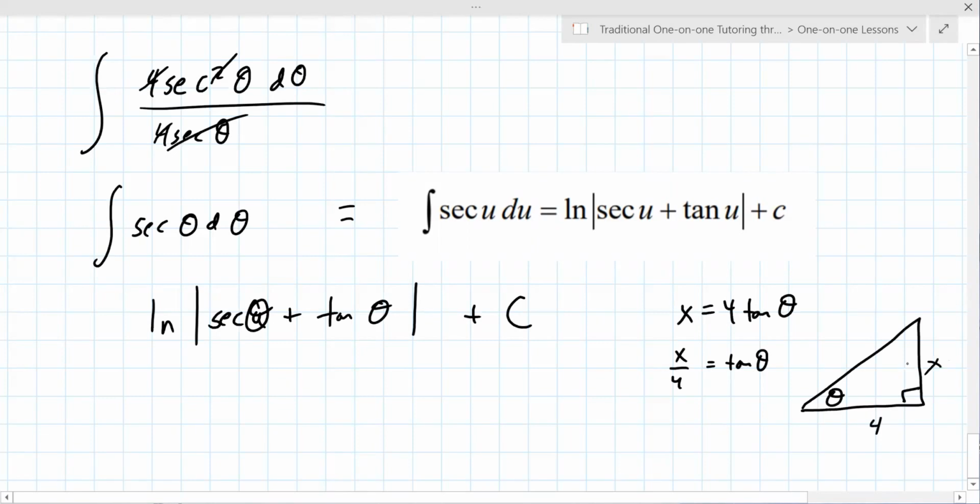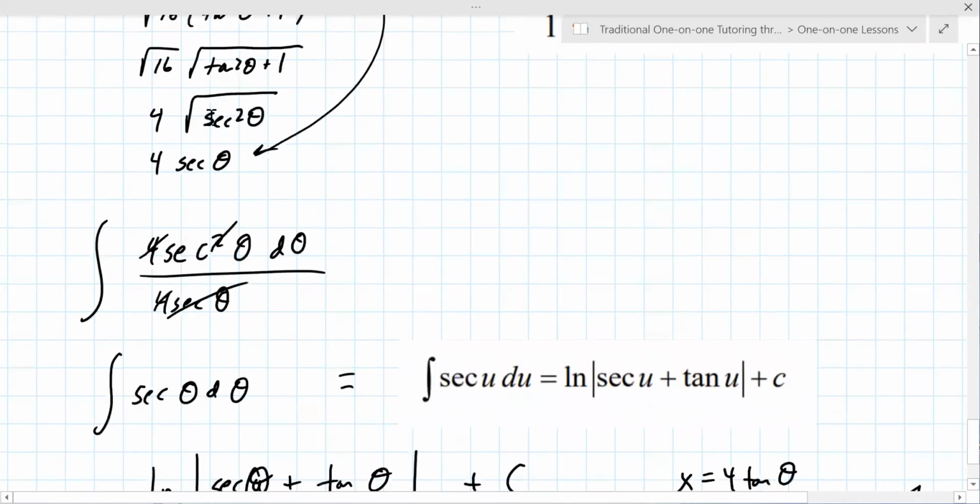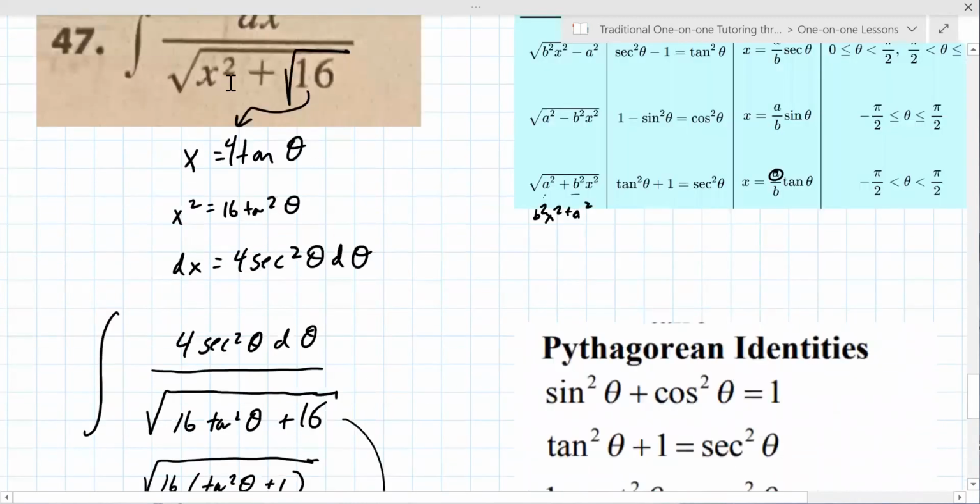But here we just need theta. So theta is the tan inverse of x over 4. Wherever you see a theta, you got to put in this tan inverse. So it becomes natural log, absolute value, secant of tan inverse of x over 4 plus tangent of tan inverse x over 4, plus c. Why does it turn into tan inverse? You can't leave it in terms of theta because your original problem was in terms of x. You have to go back to the original variable.